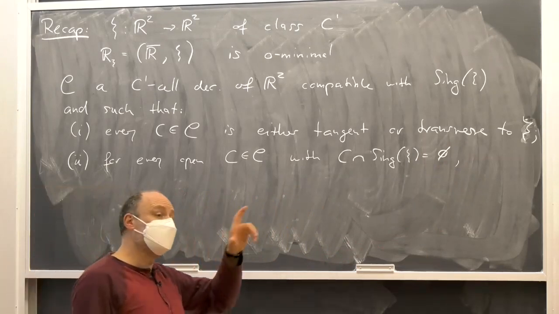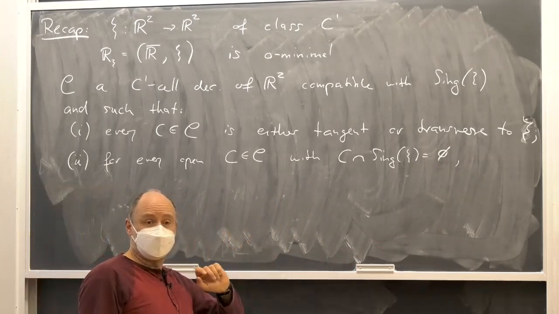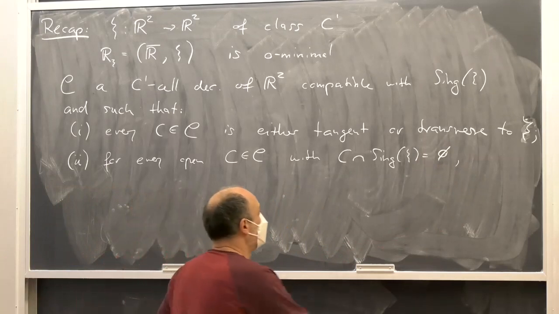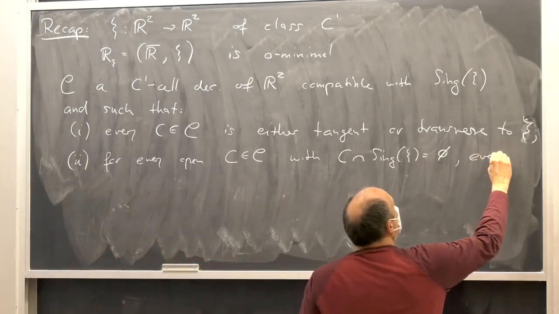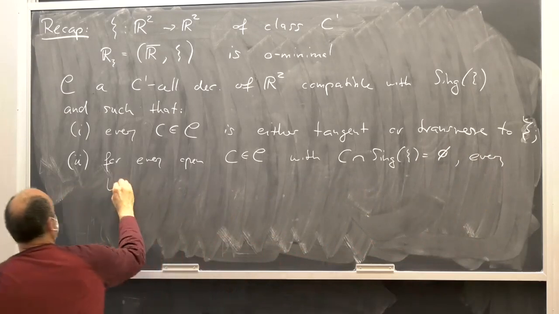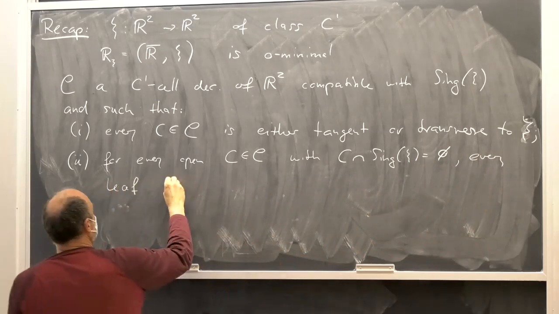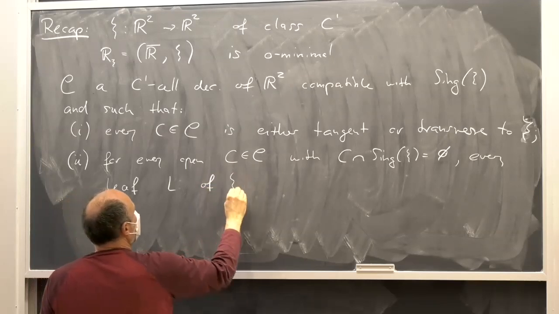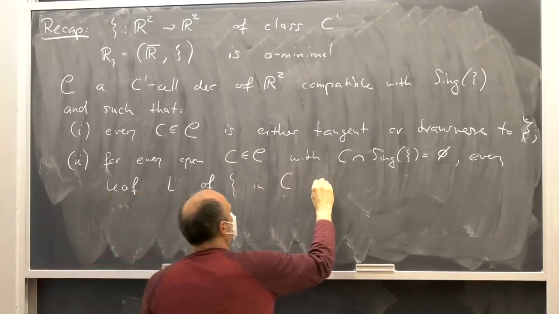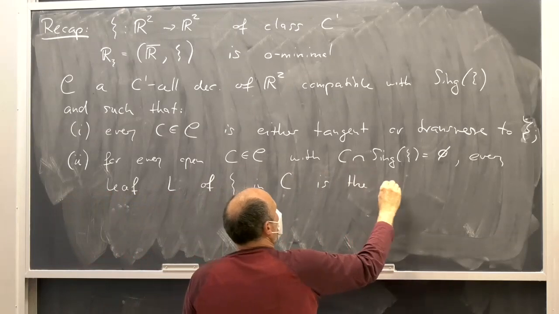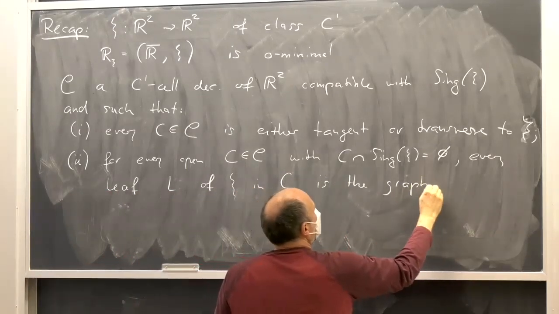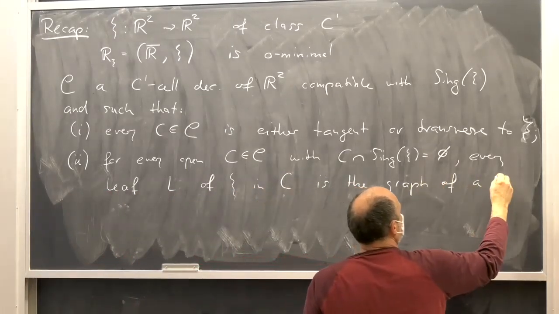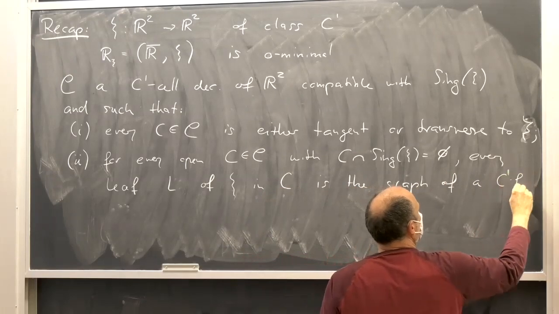So every leaf L of C inside the cell is the graph of a C1 function on an interval.